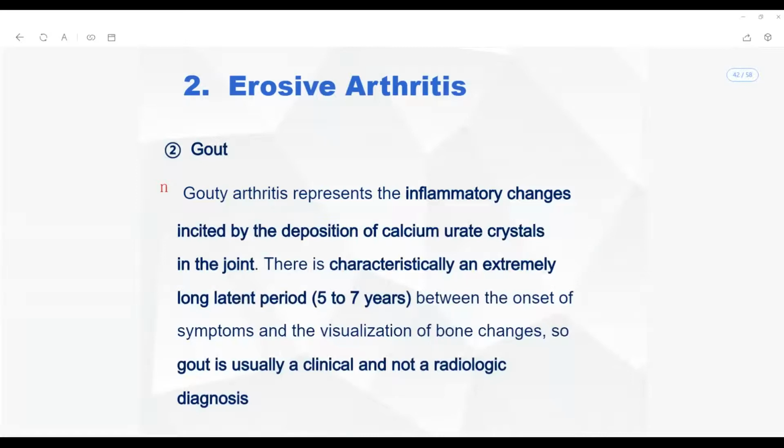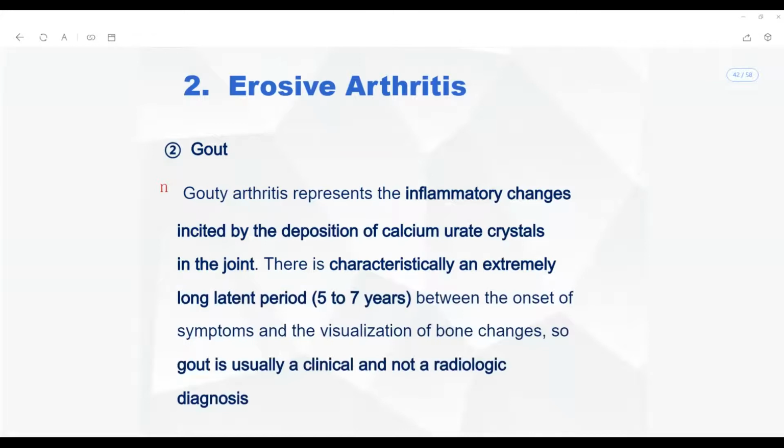But what is the drug of choice for gout? Allopurinol. Yes, allopurinol is a xanthine oxidase inhibitor, right? Of course, it is an anti-inflammatory drug itself, but particularly it works through a pathway that inhibits the xanthine oxidase enzyme. So allopurinol is the drug of choice for gout.